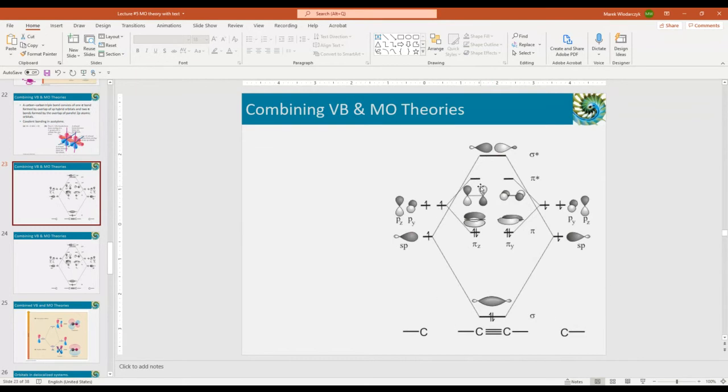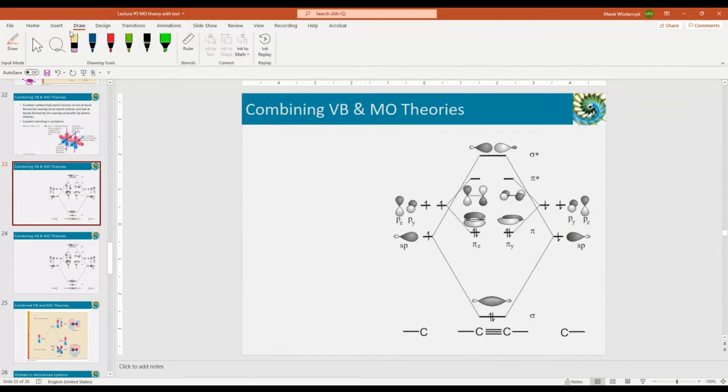So if you look at the molecular energy diagram here, the energy goes that way. How can you figure out if you form a single, double, or triple bond? What do you need to calculate?